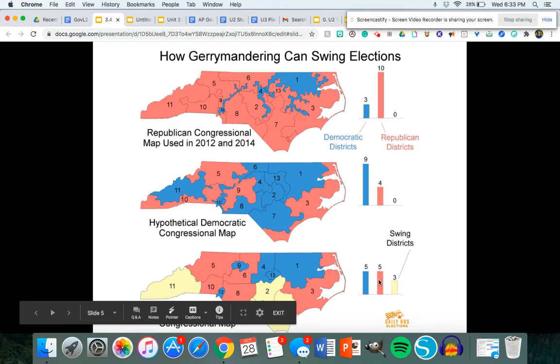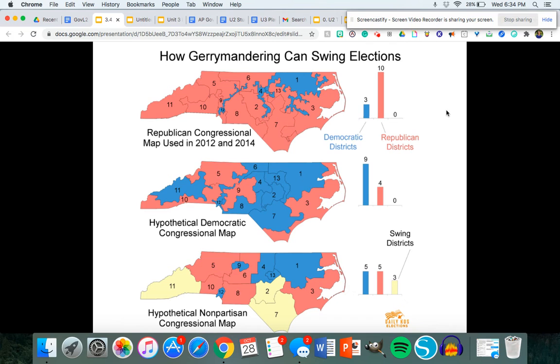Now, let's jump to the top map. It's the same map, right? The state doesn't change, but this is what the Republican Party in the state legislature drew in terms of districts. Republicans controlled the state, so they drew districts ultimately to give them an advantage in elections. As you can see, there are funky shapes that come about through this process.